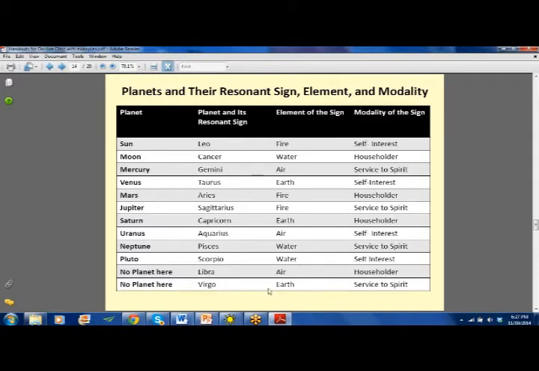All right, so if there are no questions about the elements, I want to move on to the modalities, and just make sure everybody knows how to look at that. So if you have a question, you can unmute yourself and ask right now. If you need help figuring out what your elements are, we can do that.